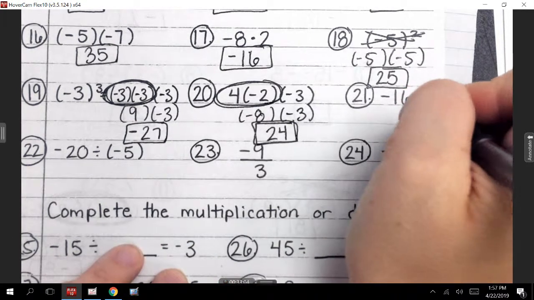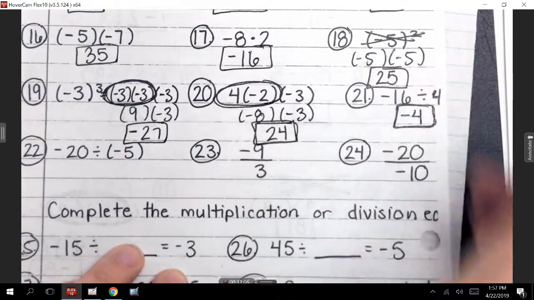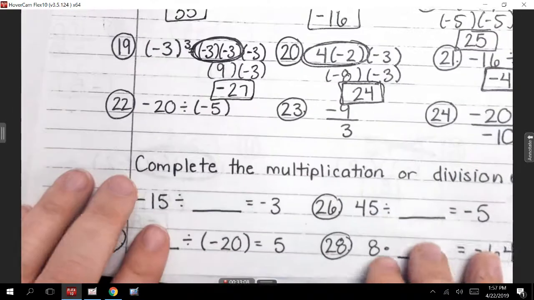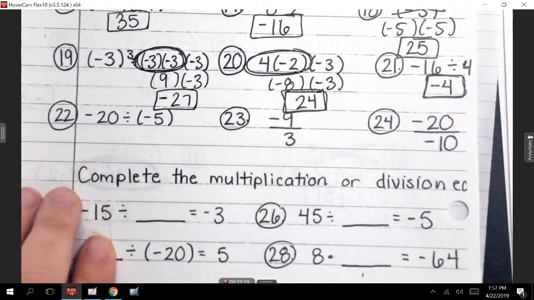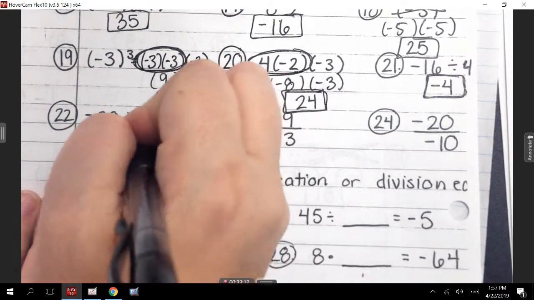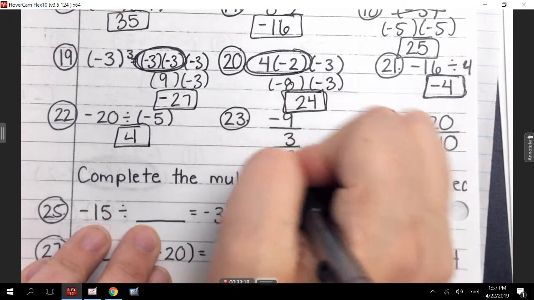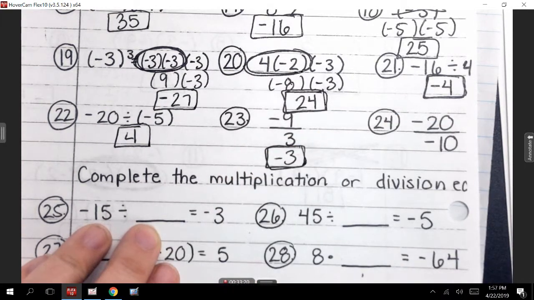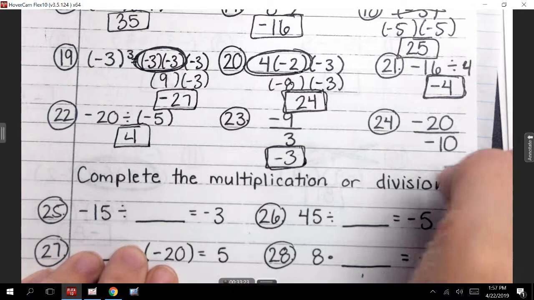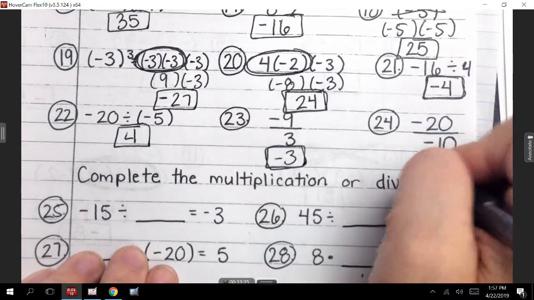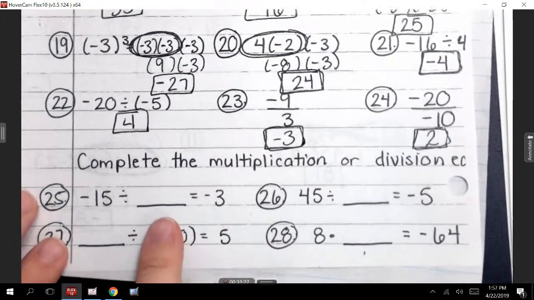Negative 4. All right, number 22, McKenna. Positive 4. Number 23, Harper. Negative 3. Number 24, Davis. Positive 2. Positive 2.